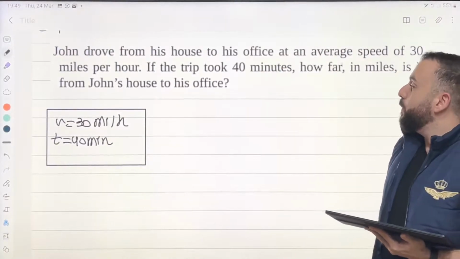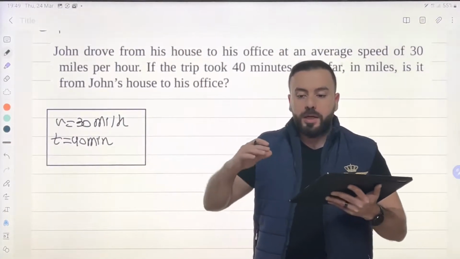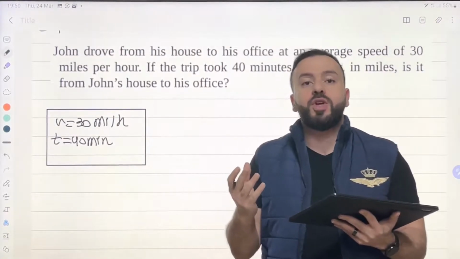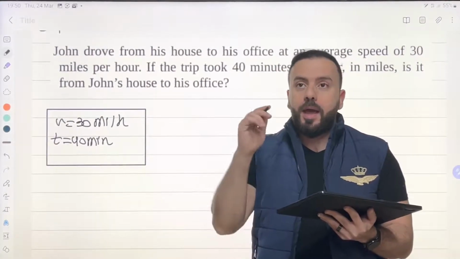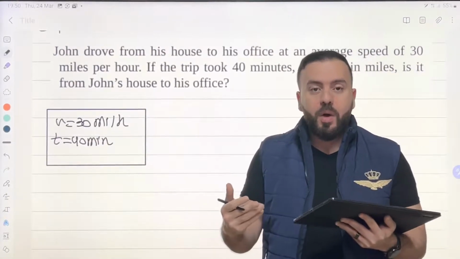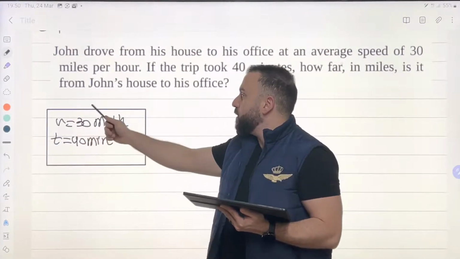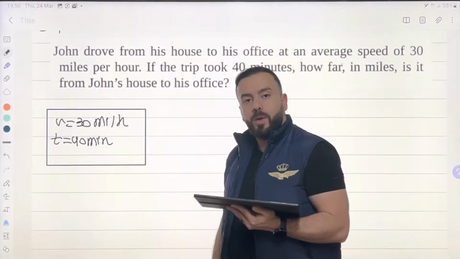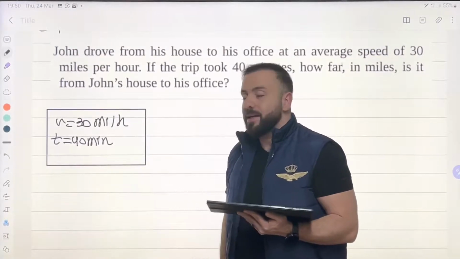The problem that I'm facing is that in scientific subjects, if you want to solve any scientific question, you need to unite all units. So the velocity here is 30 miles per hour, and the time is 40 minutes.